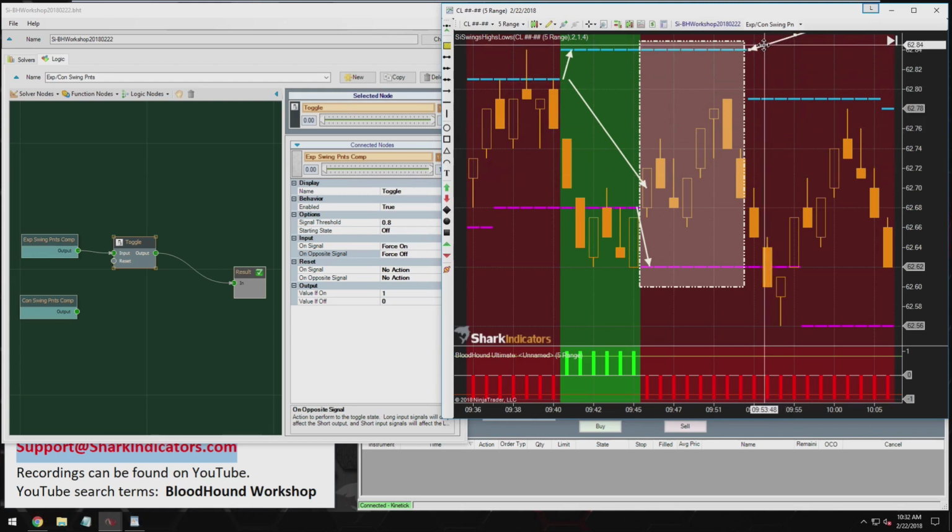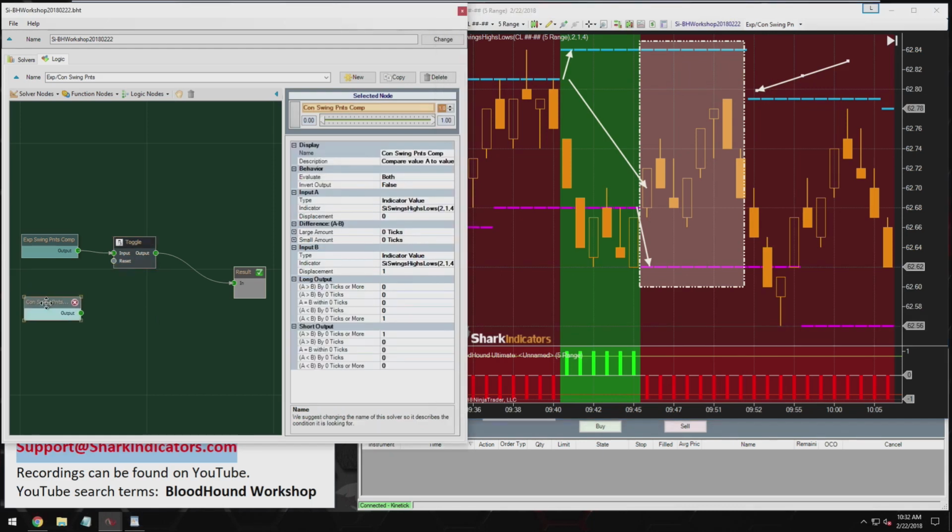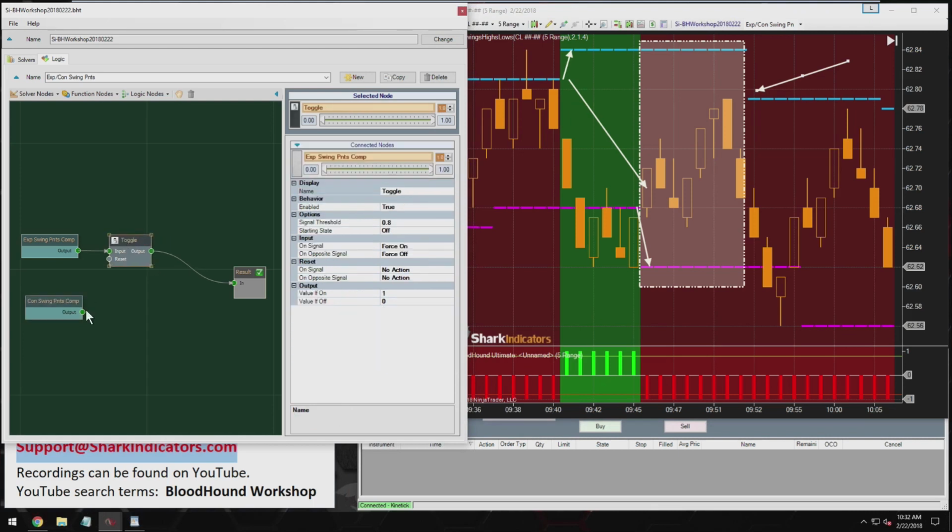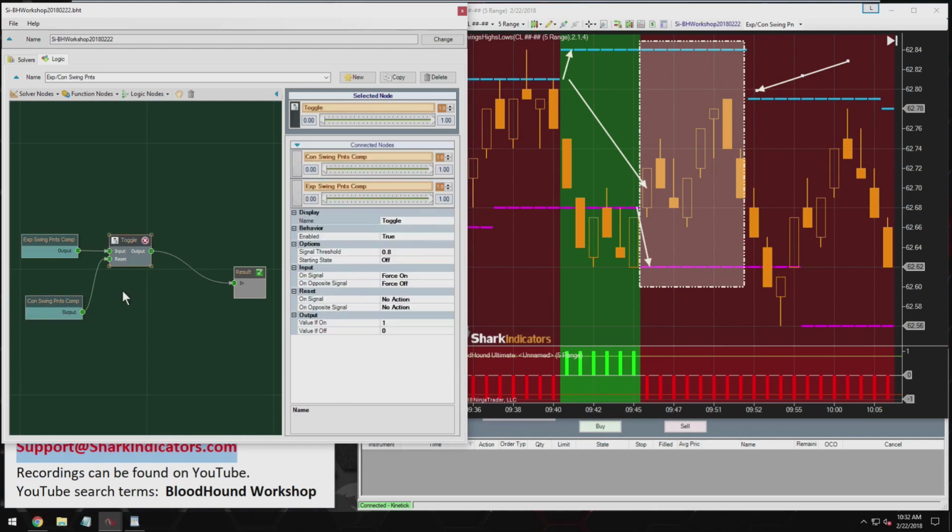So if our swing high contracts, that's when we need to turn the toggle node off. We want to turn that toggle node off there. So what we're going to do is use the contraction solver to turn our toggle node off. We're going to connect that into the reset.